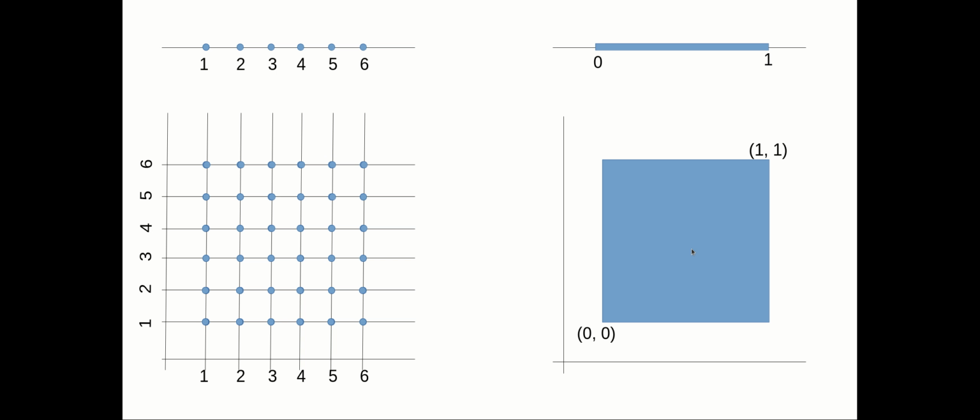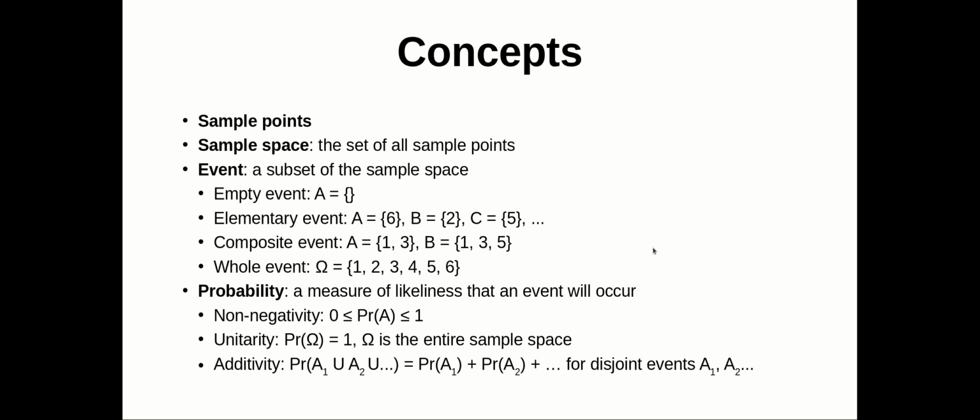So the sample space looks like a very simple concept, but we have to generalize it and think about sample space in multiple dimensions and also sample space for discrete and continuous values, right? And then event, what exactly is an event?